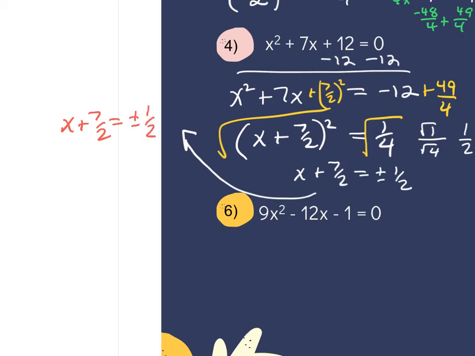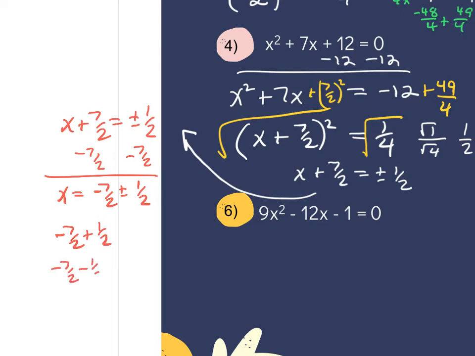I'm going to move the 7/2, and I get x equals negative 7 over 2 plus or minus 1 over 2, or 1/2. I have to do them and figure out the fraction, or in this case, they're going to be integers. So I'm going to first do negative 7 over 2 plus 1/2, and then I'm going to do negative 7 over 2 minus 1/2.